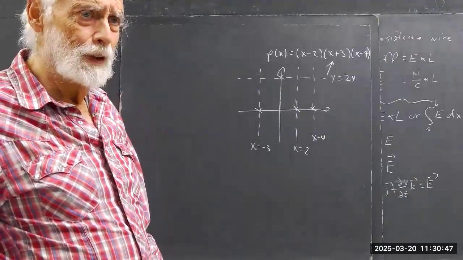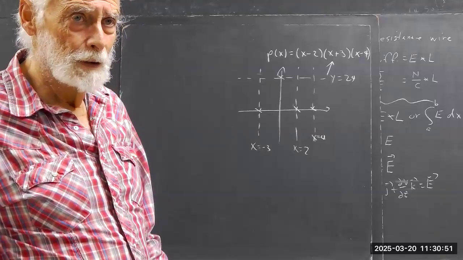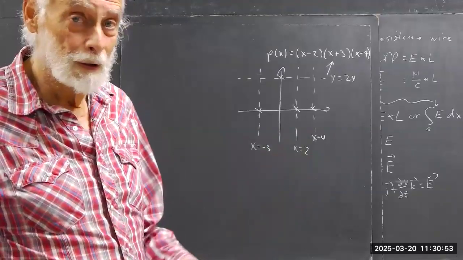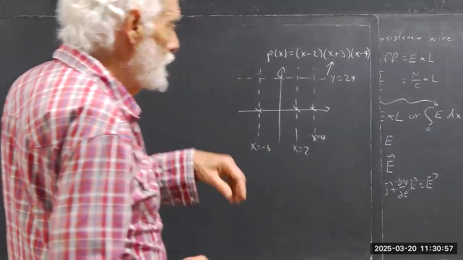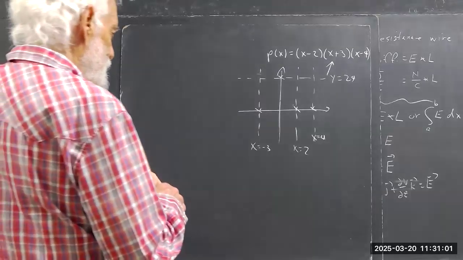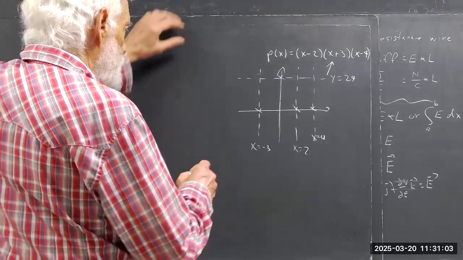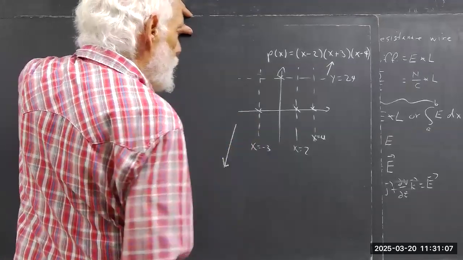I'm thinking some people are having trouble with that idea. You really have to understand the rules for multiplying signed numbers. I think you do, but somehow, when it's put into this context, it maybe gets confusing.